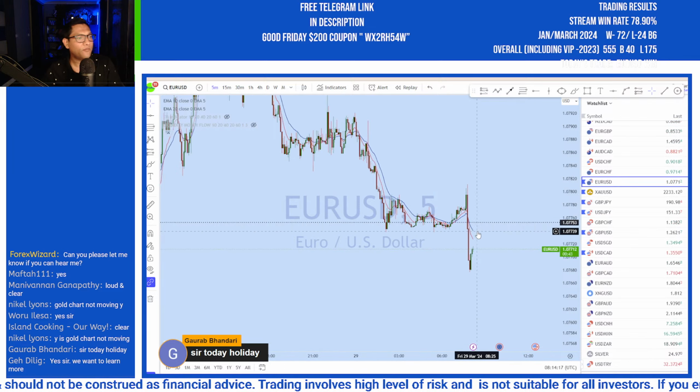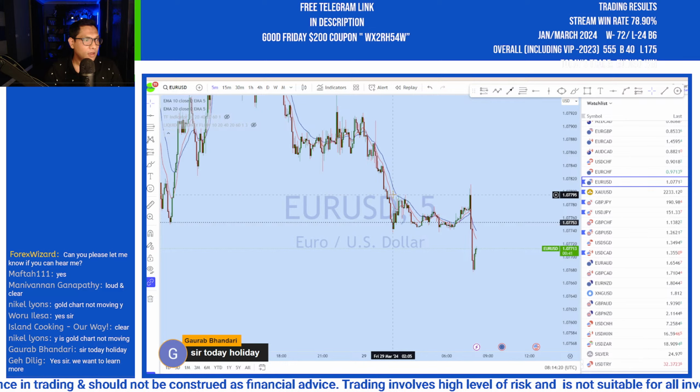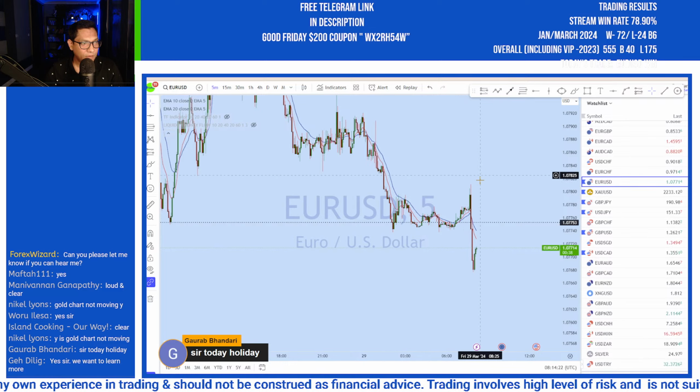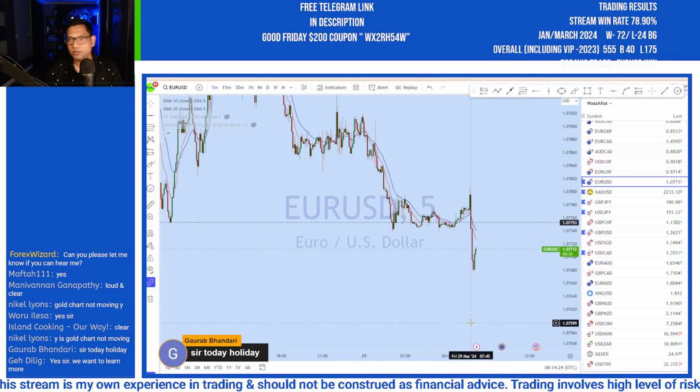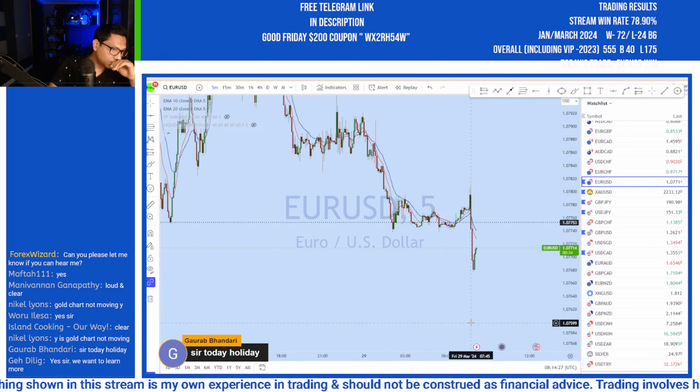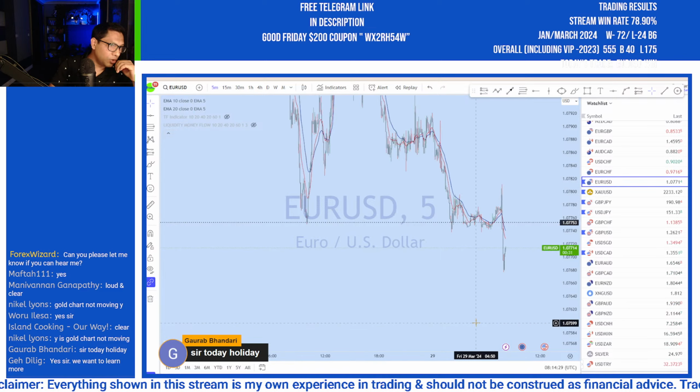So EURUSD from the 5 minutes, the market has broken to the upside before the London Open and then has got a breakdown. Now, what is liquidity here?